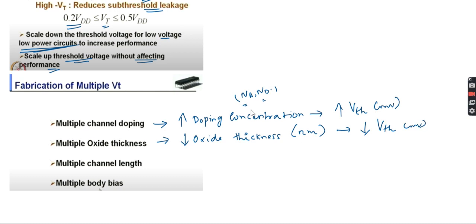See here, if you want to increase the threshold voltage, you need to increase the doping concentration. If you want to reduce the threshold voltage, you need to reduce the oxide thickness. At the same time, we should maintain a constant aspect ratio.